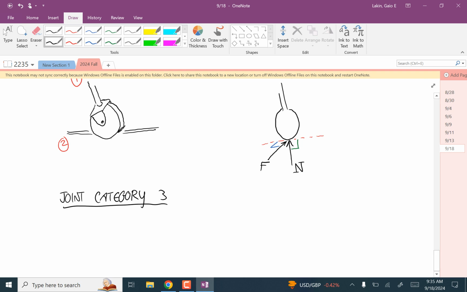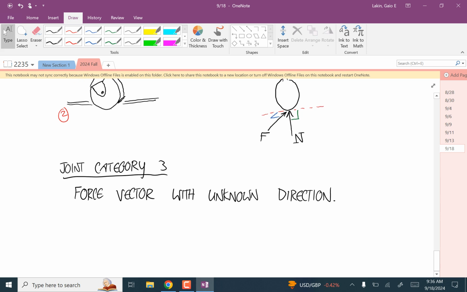So this is a force vector with a fully unknown direction. So all translations are restricted. But there's still no restriction on rotations, or let's say all translations are eliminated, but it's free to rotate about any axis.